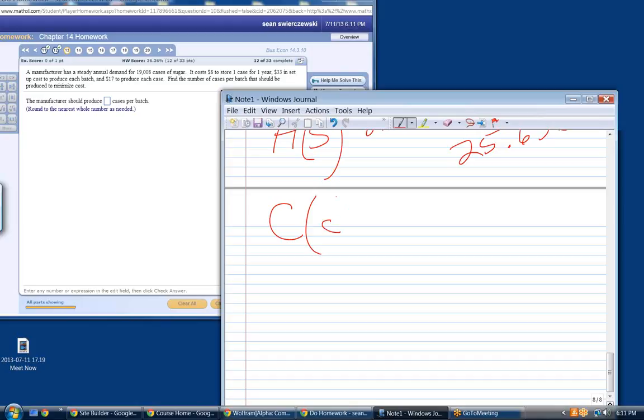We'll do a cost function of C, where C equals the number of cases that we're producing. It costs $8 to store 1 case for 1 year.